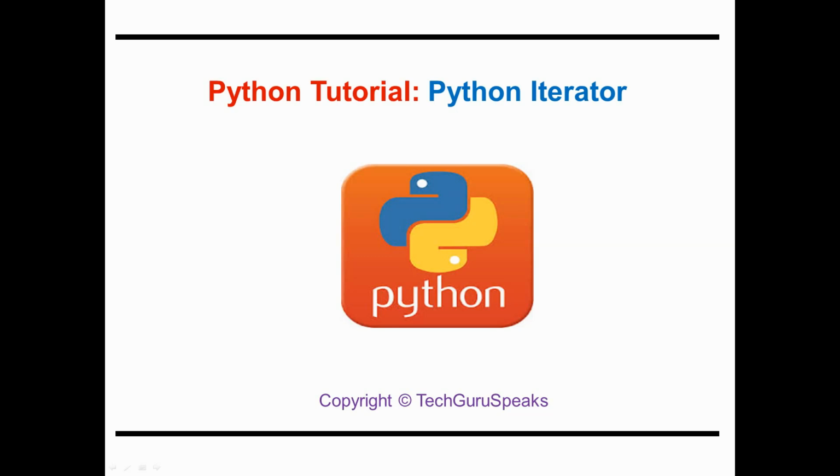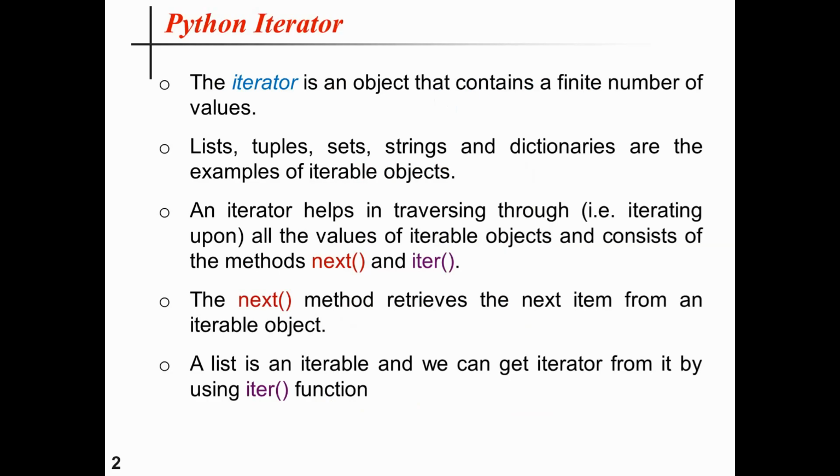Today I would like to start a new topic, that is Python iterator. An iterator in Python is a kind of object that contains a finite number of values.